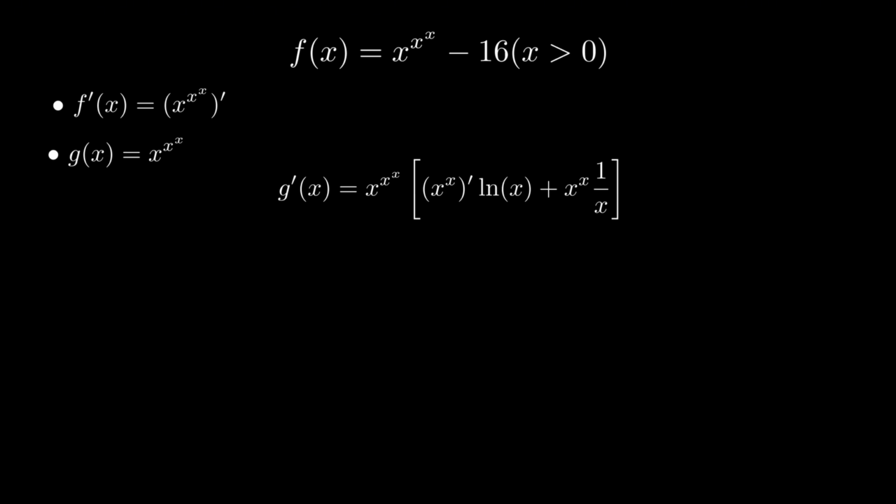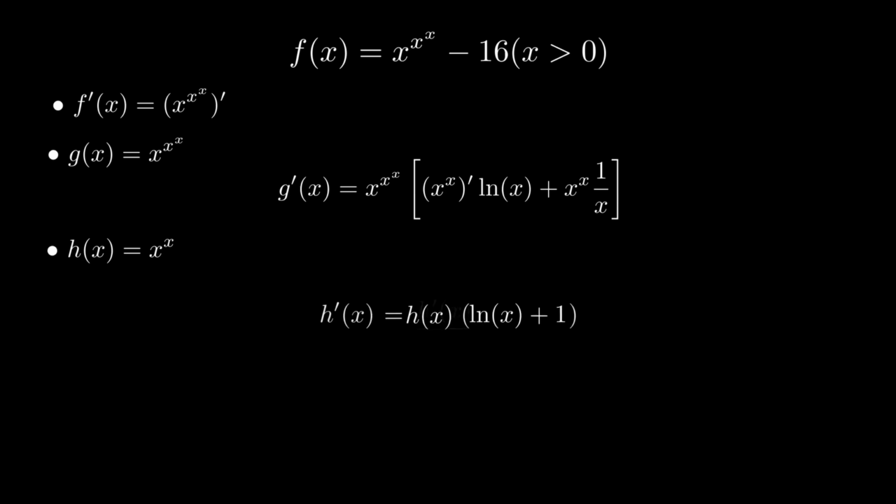Our next task is to calculate the derivative of x raised to the power of x. Let's define a new function, h of x equal to x raised to the power of x. Similarly, taking the natural logarithm of both sides, and continuing with the logarithm property, we simplify this to x times the natural log of x. Differentiating both sides, we get h prime of x over h of x equals the natural log of x plus 1.